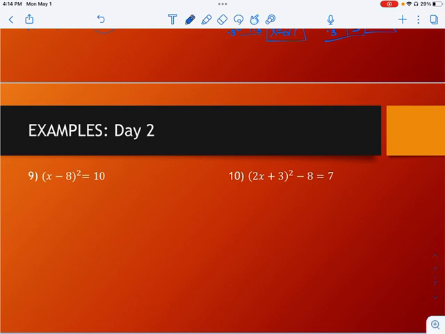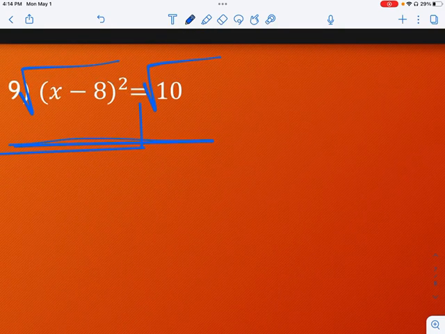So we're going to start off here. The first thing I notice is it's already isolated. So I'm going to take the square root of both sides. So that's going to get me x minus 8 equal to plus or minus the square root of 10. Then I'm going to ask, can the square root of 10 be simplified at all?